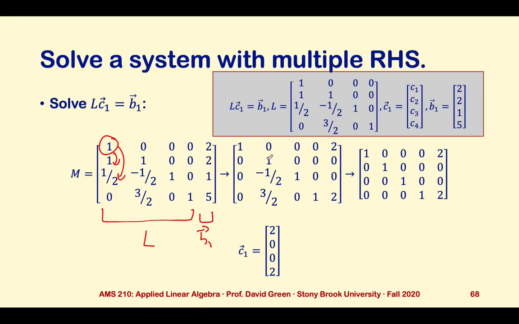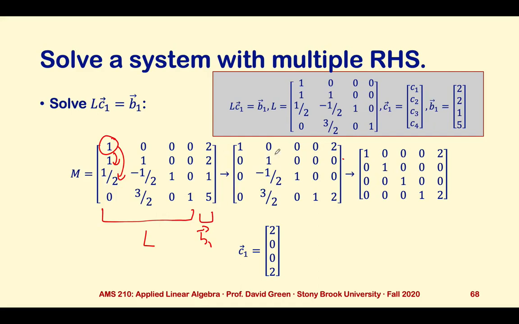These are all 0, so we have 3 columns that are unchanged, and then 2 minus 2 gives us a 0. Subtract half times the first row from the third. Half minus half is 0. These are all 0, so we're left with a negative 2. 1 minus half of 2 is also 0. Third row unchanged because we already had a 0.